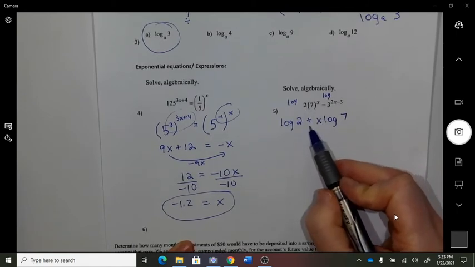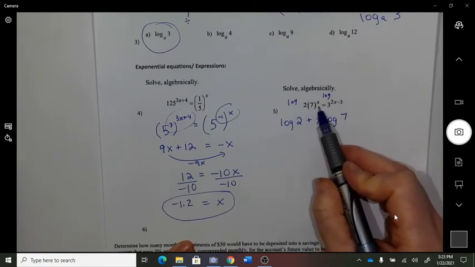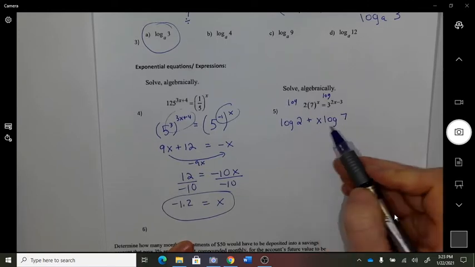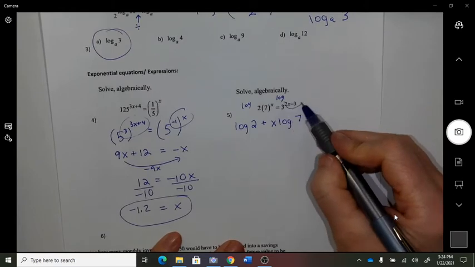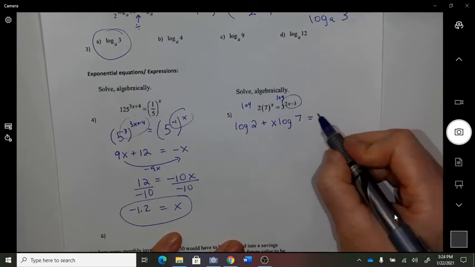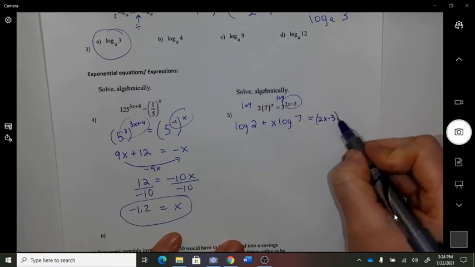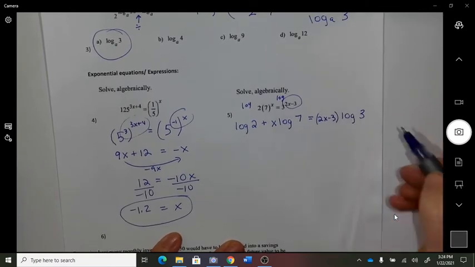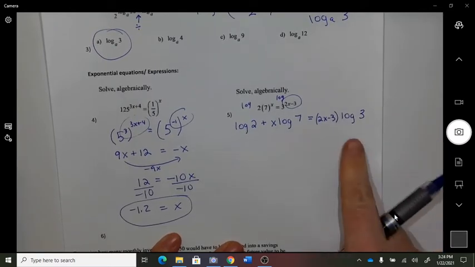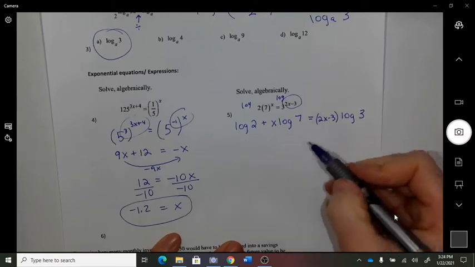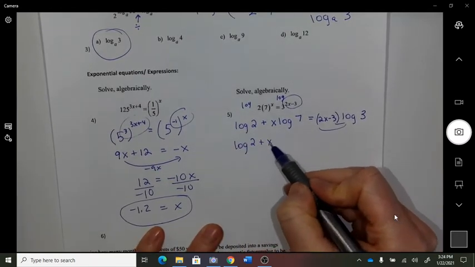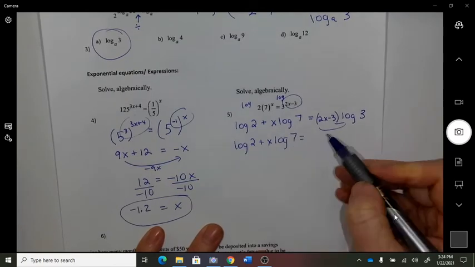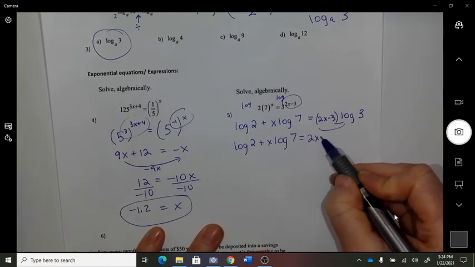Multiplied things added, the x exponent can come in the front. This is the exponent, the whole thing. Okay, so the exponent moves in the front. So I'm going to distribute this.